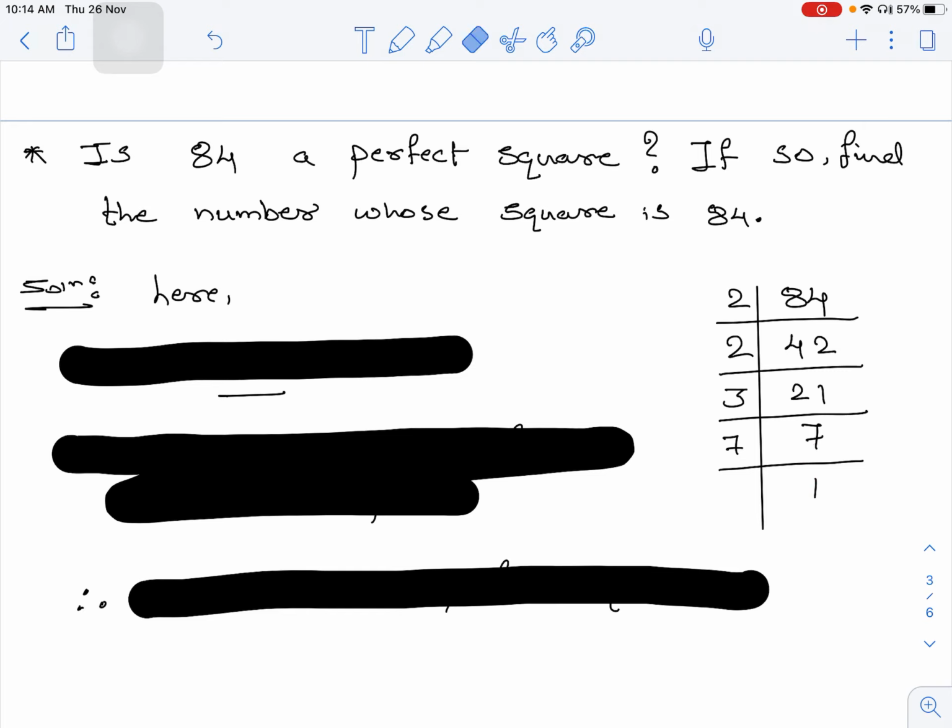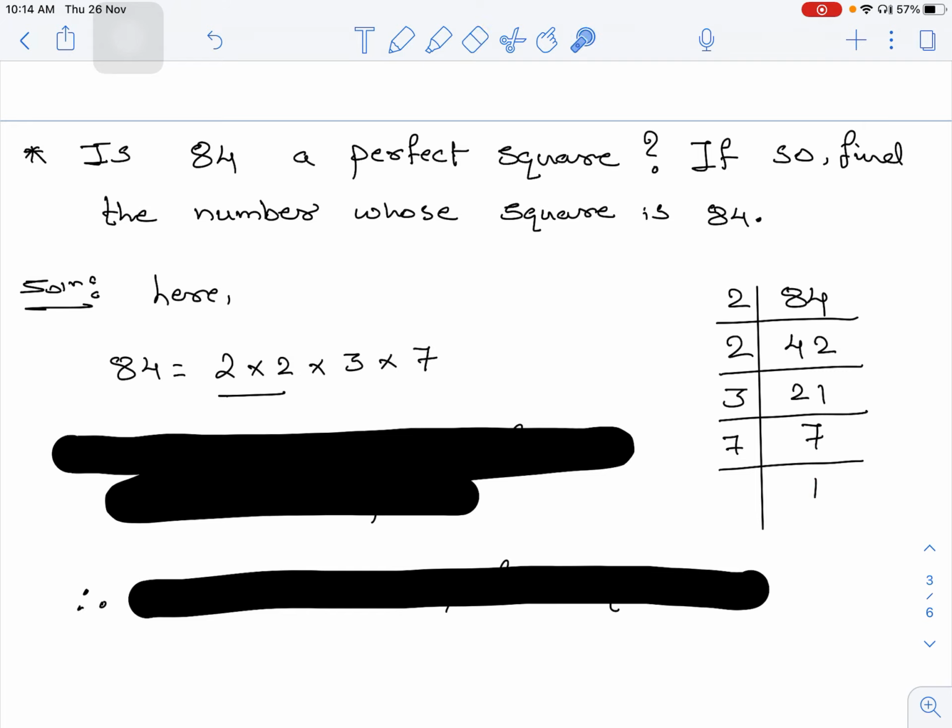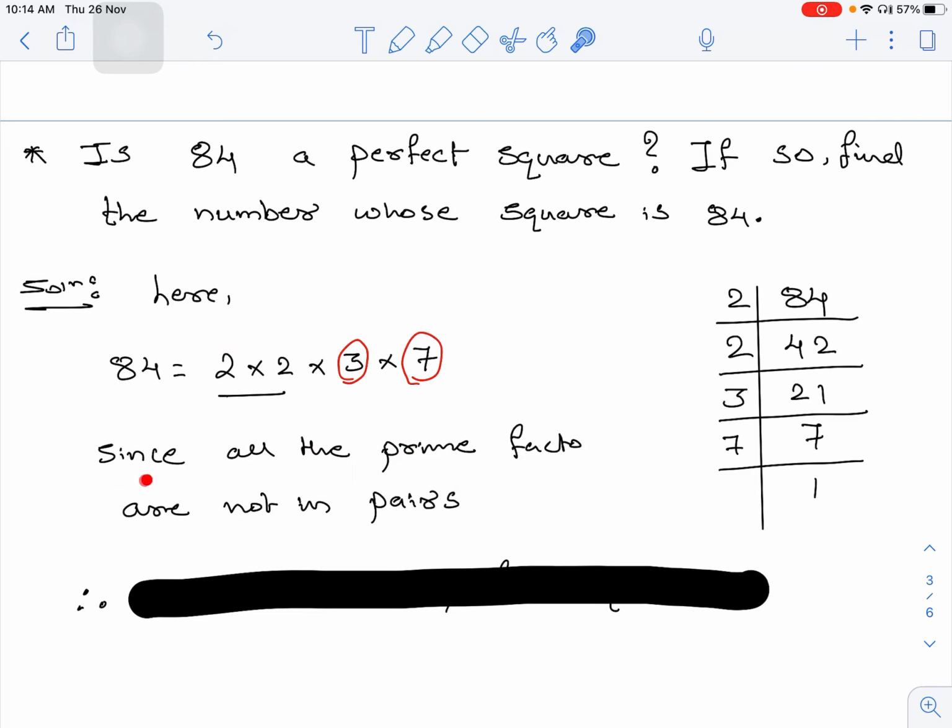Now, if you look at the factors of 84, 2 into 2 into 3 into 7. Here, we can get a pair for only these two numbers, whereas other numbers such as this 3 and this 7 do not have pairs. Okay.